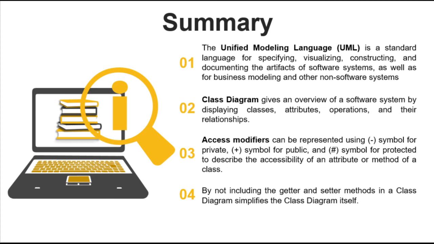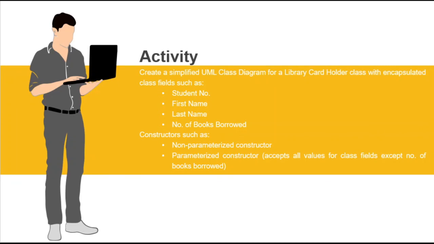Access modifiers can be represented using the minus symbol for private, plus symbol for public, and pound symbol for protected to describe the accessibility of an attribute or method of a class. Not including the getter and setter methods in the class diagram simplifies the class diagram itself.